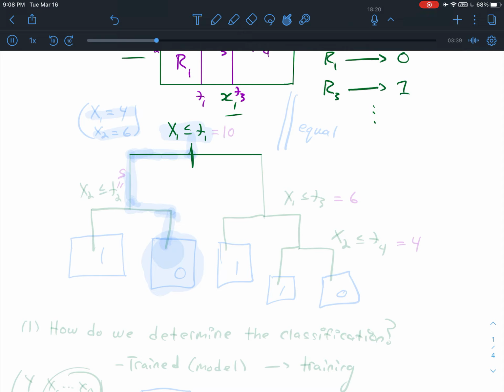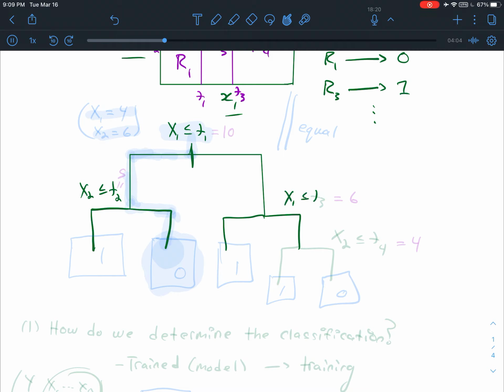And then maybe the tree goes down. So we'll say if X1 is less than T1, you go to the right. If it's greater than T1, you go to the left. And then if you go to the left, we'll have one more decision to make for you. This is maybe X2 is less than or equal to T2. Then maybe this decision here is going to be X1 less than T3.